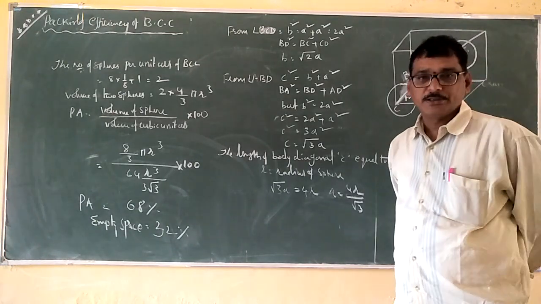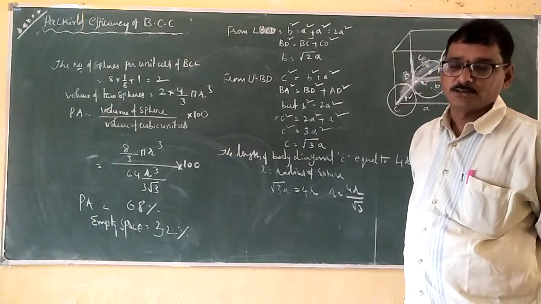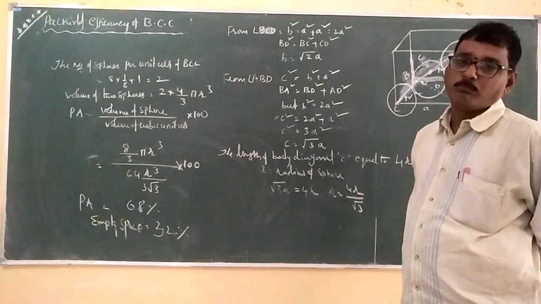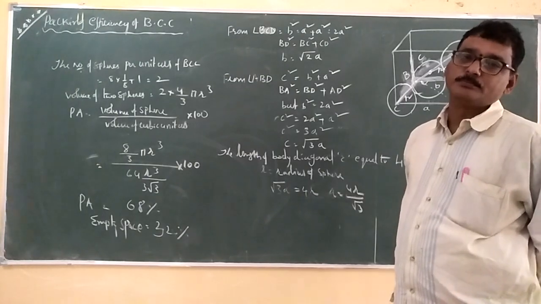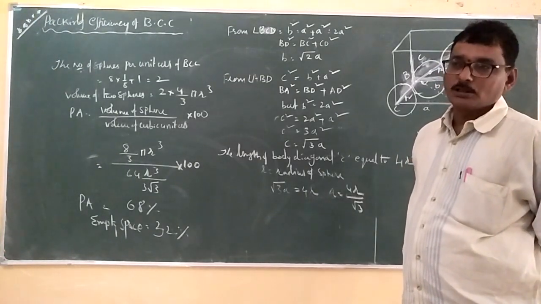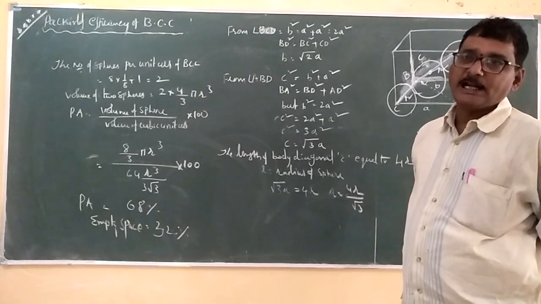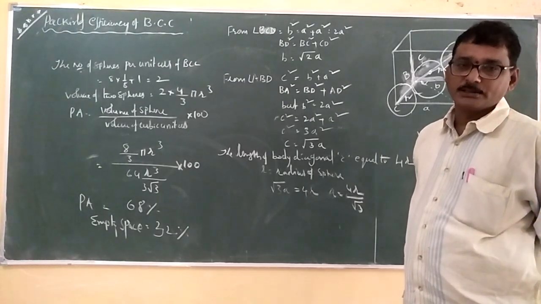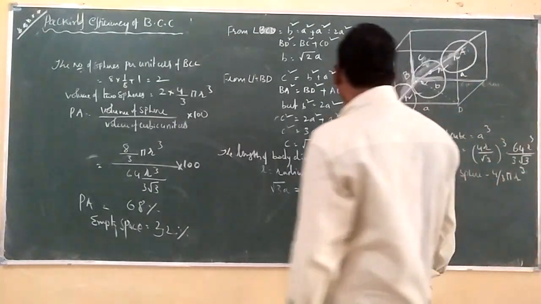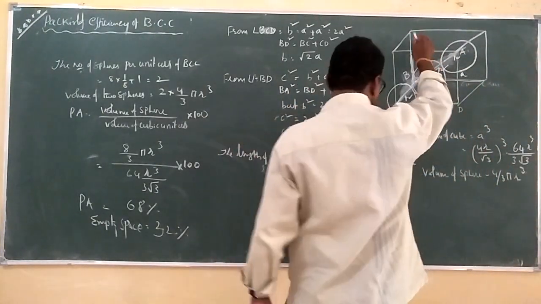Now today we will explain the second derivation, the packing efficiency of body centered cube. Generally the first diagram is important, after that the derivation. See carefully, this is the cube.